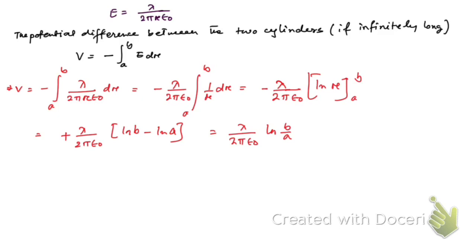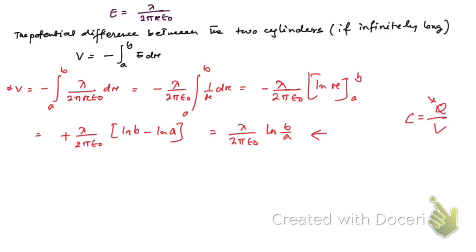So now capacitance, we know capacitance is given by C is equal to Q by V. Here potential we have got this, right?